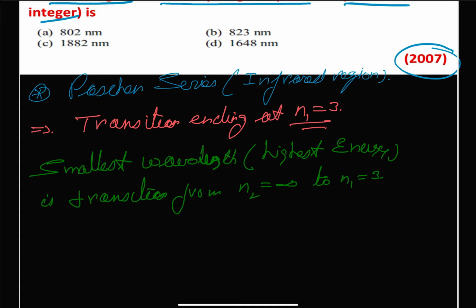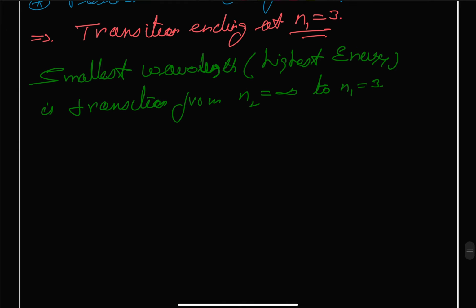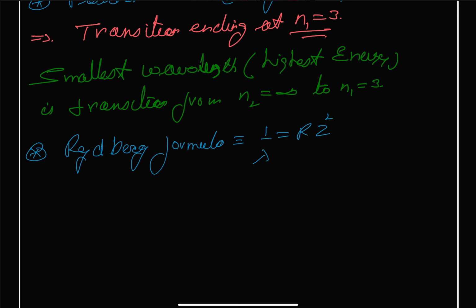Now we can just use the Rydberg formula, which tells us 1 upon lambda is equal to R Z square into 1 upon n1 square minus 1 upon n2 square. And for hydrogen, the value of Z is equal to 1, and we have to find out the shortest wavelength.